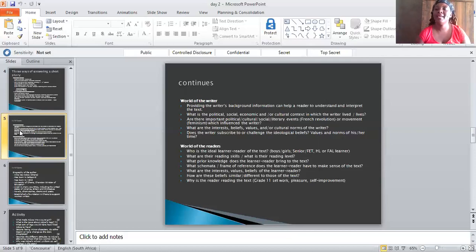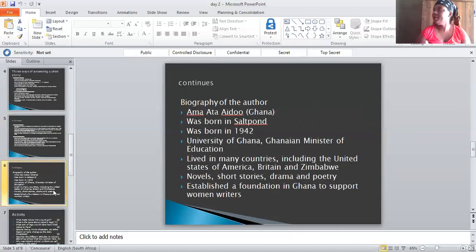Or is it for a test? Perhaps, like I said yesterday, you should go and read this so that today we may be able to tackle the questions together. So are you reading for that purpose? And then when you are done, now we are going to focus on the biography of the author. Focusing on the biography of the author will tell you where the author was born, when, and how they lived their lives.